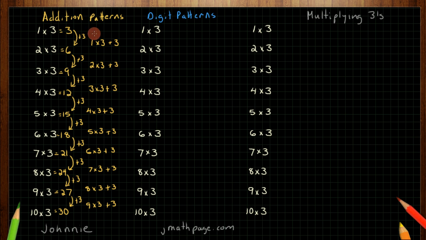Let's go ahead and borrow what we learned from our first set of multiples here.